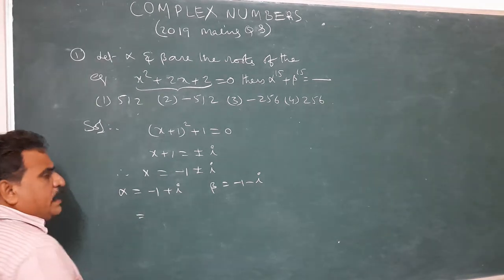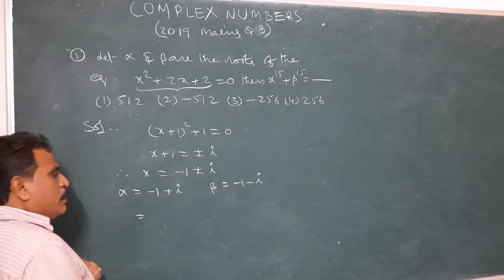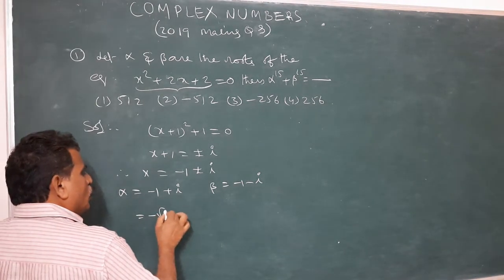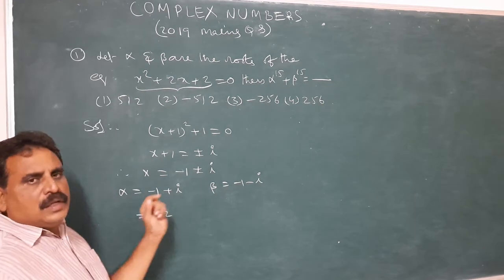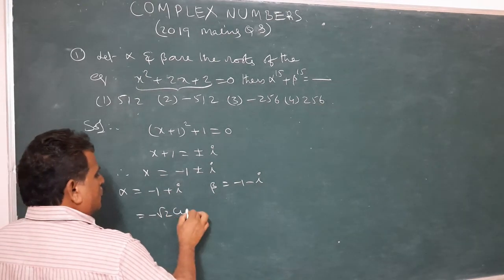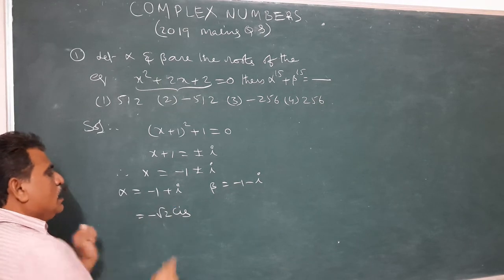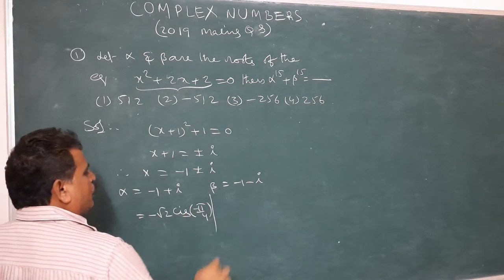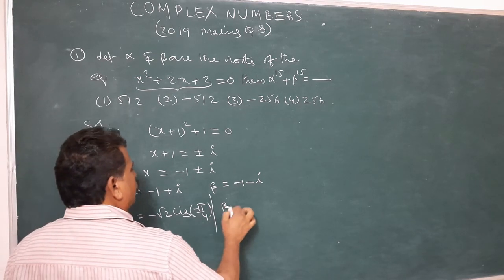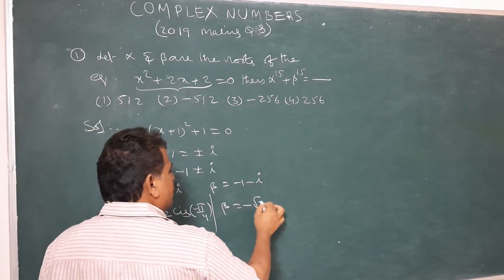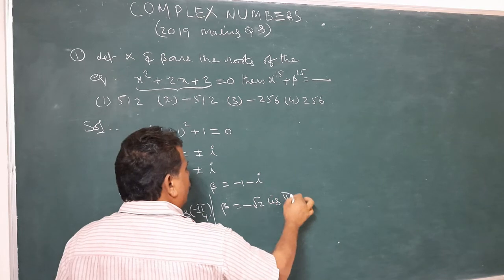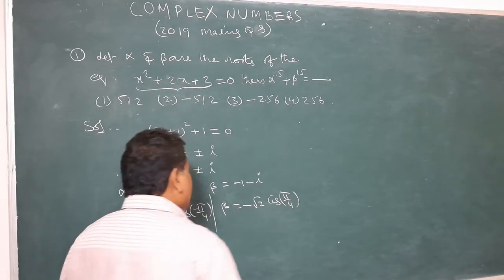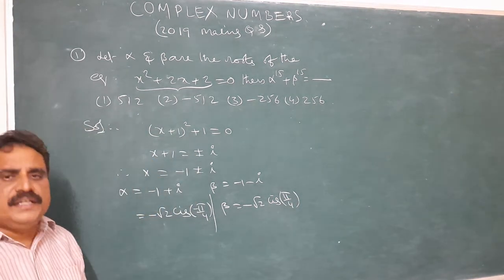So alpha can be written as minus root 2 into cis minus pi by 4. Beta equal to, taking common minus root 2 into cis pi by 4. Cis theta means cos theta plus i sin theta.